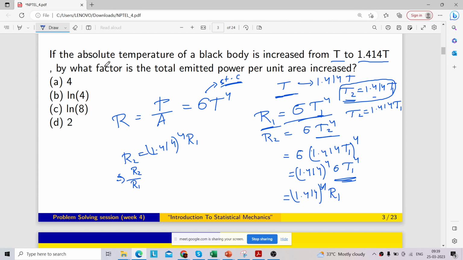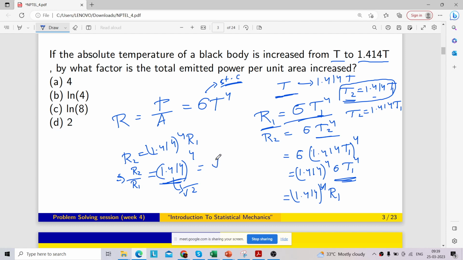That means this ratio is 1.414 to the power 4. Do you recognize this number, 1.414? Anyone? What is this number? This is root 2, yeah, right.